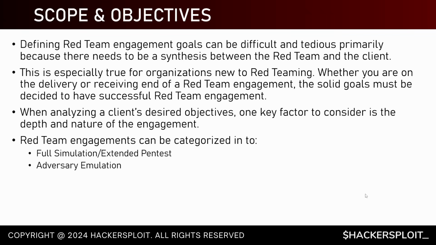So the bottom line is that you really need to ensure that you and the client understand what the scope is, or what you can or cannot do with regards to the types of attacks you can run, and so on and so forth. This is especially true for organizations new to red teaming. Whether you're on the delivery or receiving end of a Red Team engagement, solid goals must be decided and agreed upon to have a successful Red Team engagement.